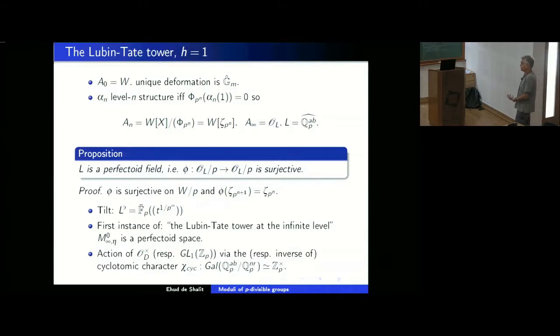So this is the first instance of a principle where the Lubin-Tate tower at the infinite level is a perfectoid space, which is one of the main achievements of this theory of perfectoids in the setup of moduli spaces of p-divisible groups. And we can also make very explicit the actions both of O_D^* and of Z_p^*, GL_1(Z_p), on the tower. They're both given by the cyclotomic character and the inverse cyclotomic character.